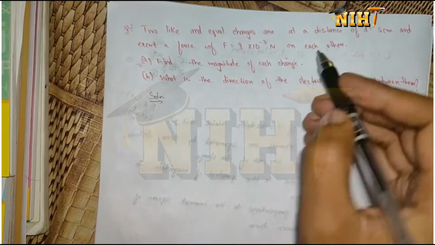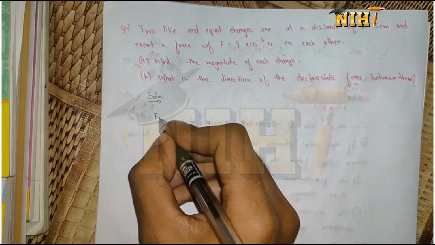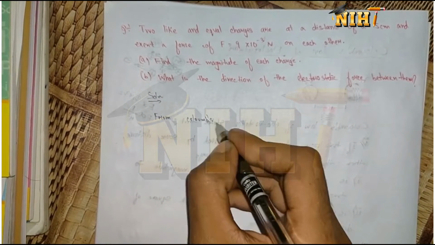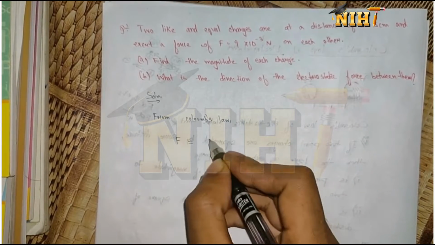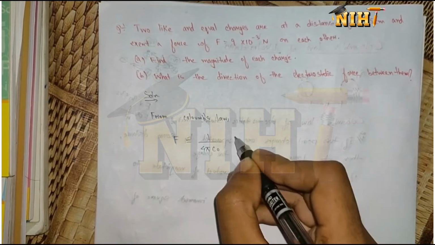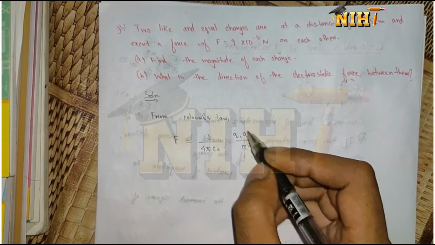Two like and equal charges, okay. Now from Coulomb's law, we have F equals 1 by 4 pi epsilon naught into q1 q2 divided by R squared.